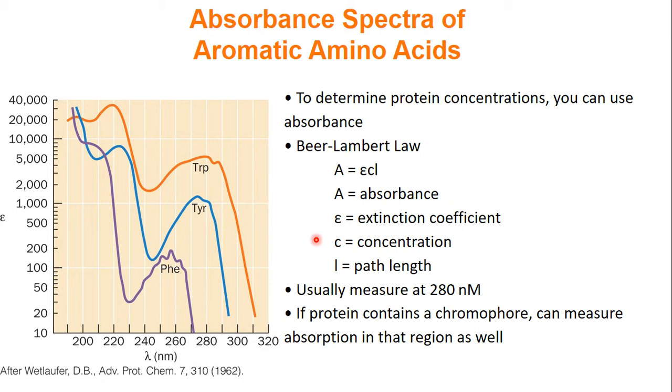C is our concentration. L is our path length. L will usually be 1 for every type of calculation you do in Beer-Lambert's law. So if you know epsilon, which you probably do, and you know L, then you can relate absorbance to concentration. Now, if your protein contains a chromophore, like GFP does, you can measure absorption of light in that region as well.